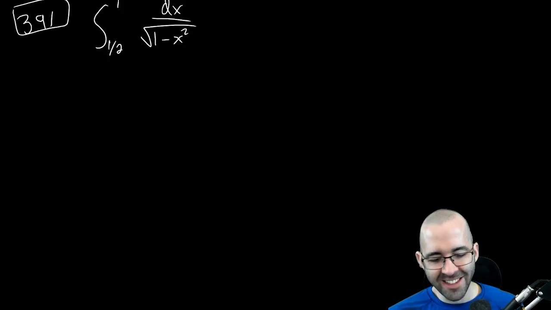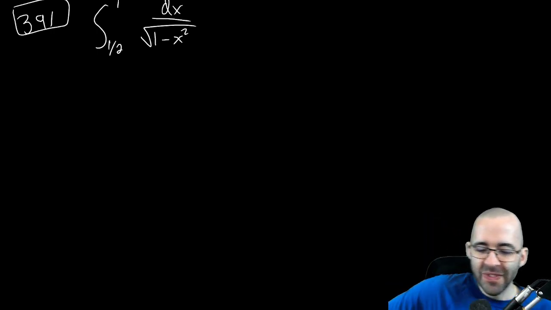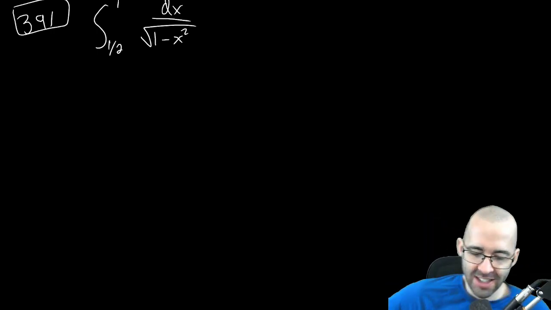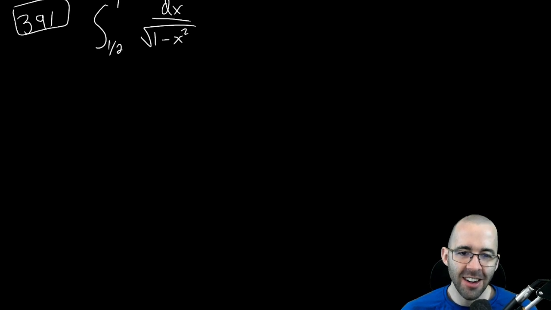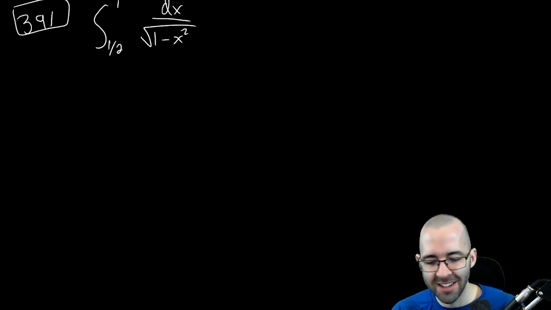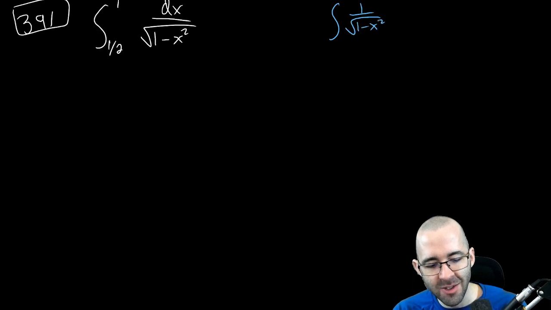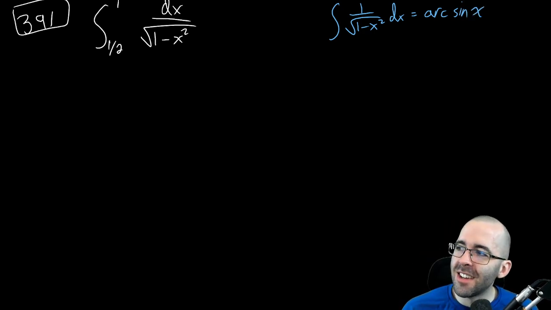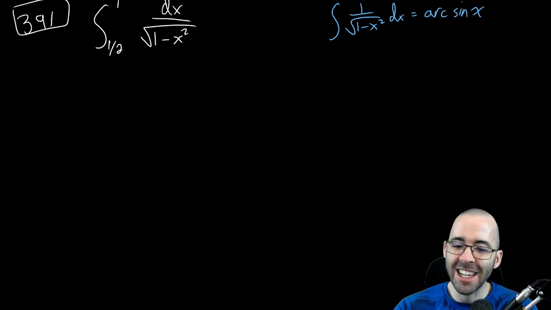All right. Okay, so looking at this, it looks like arcsine, right? The antiderivative of 1 over the square root of 1 minus x squared dx is arcsine of x, no? They said be careful, so I'm checking my answer.